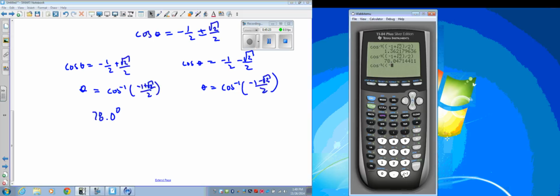Put this minus 1 minus the square root of 2, divided by 2.